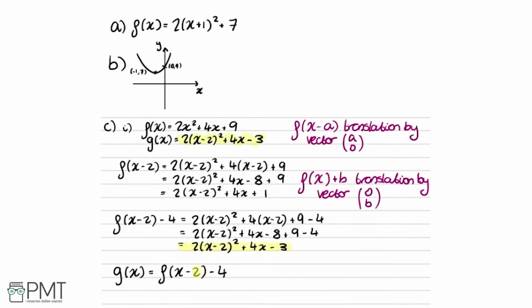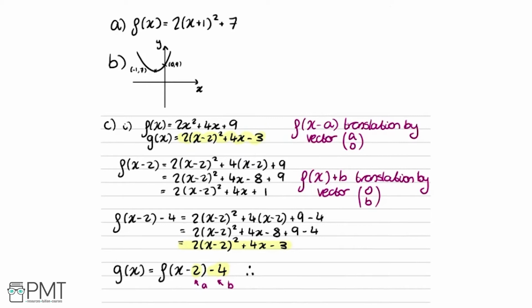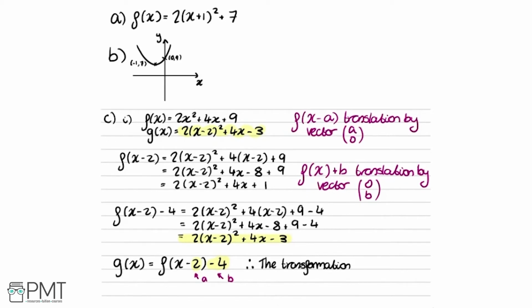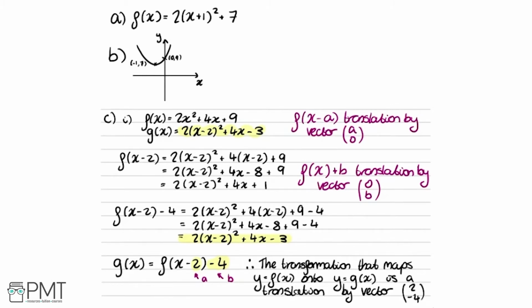Using that, we could essentially say that this 2 is our a term, and this minus 4 is our b term. So therefore, the transformation that maps y equals f of x onto y equals g of x is a translation by vector (2, minus 4).